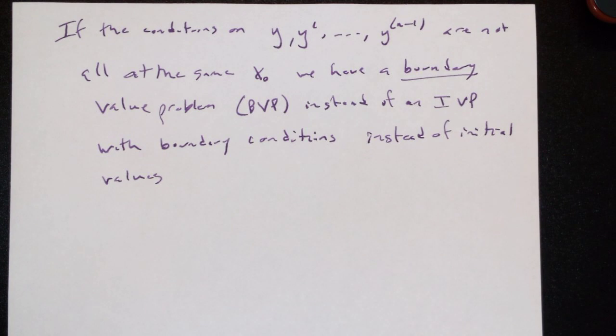So what? Well, it is possible that a boundary value problem can have different solutions in spite of the uniqueness ideas that we talked about in theorem 4.1.